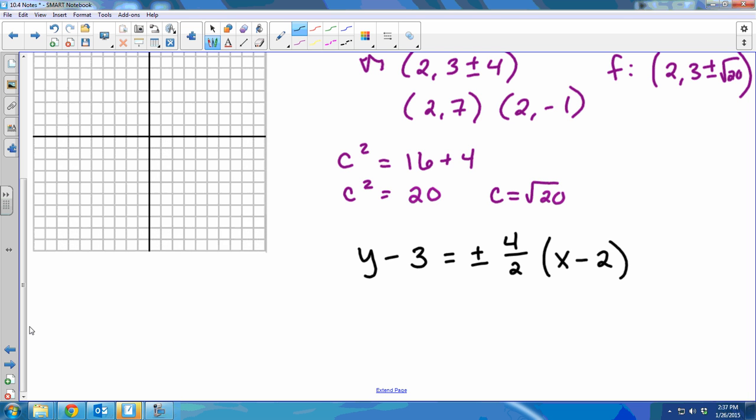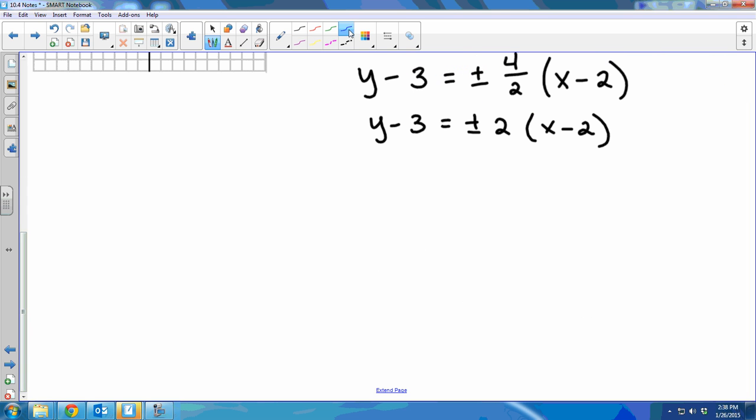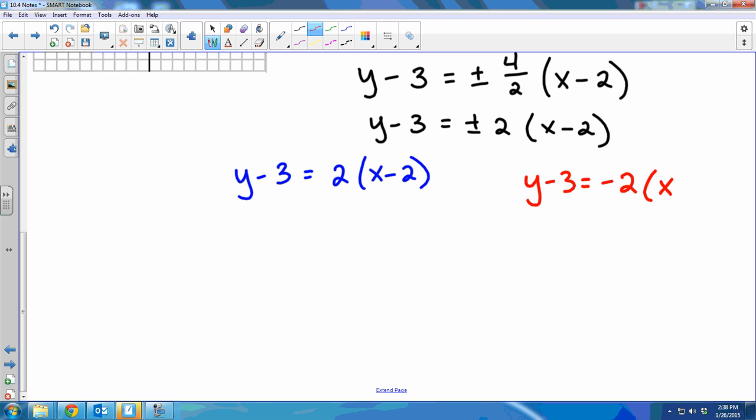So first I have y minus 3 equals plus or minus 2, because 4 divided by 2 is 2. And then I'm going to separate this into two equations. So I have y minus 3 equals 2 times x minus 2. And I have y minus 3 equals negative 2 times x minus 2.